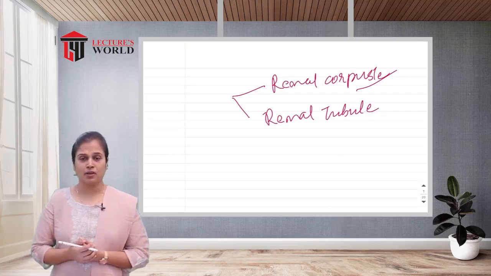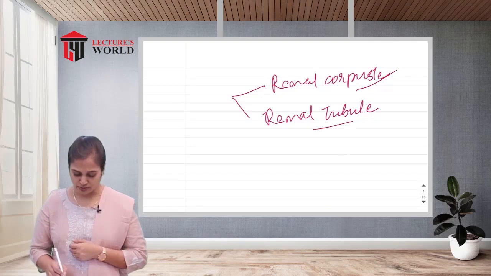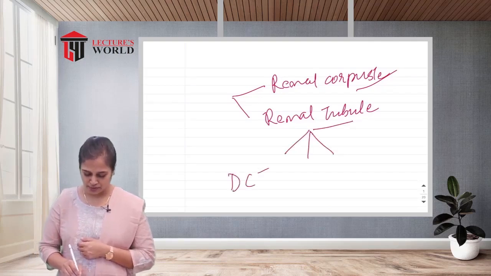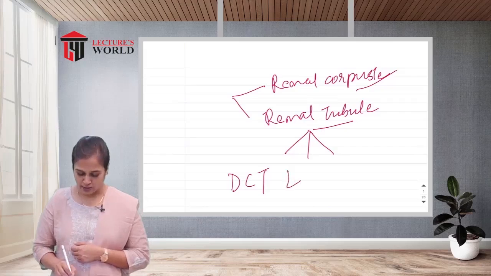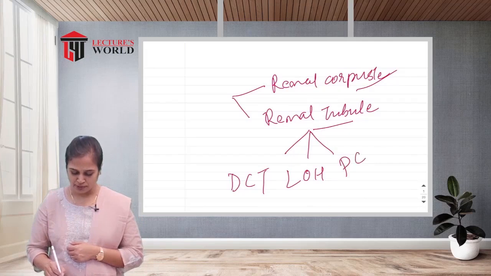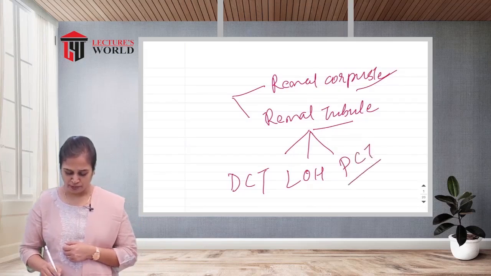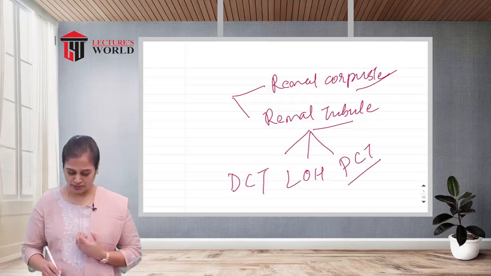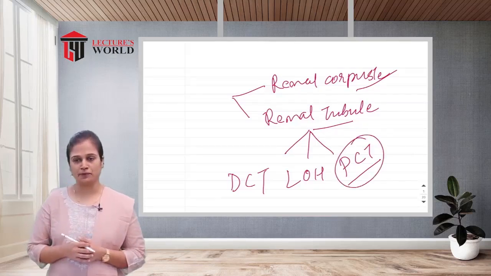The nephron has the tubules also. There are three tubules. First is the proximal convoluted tubule, second is the loop of Henle, and the third is the distal convoluted tubule. The proximal convoluted tubule is near the renal corpuscle, that is why it is called the proximal convoluted tubule.